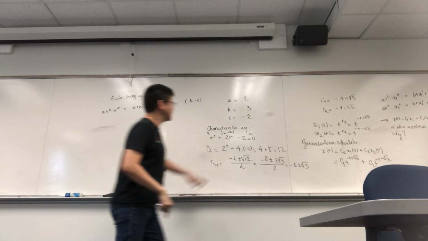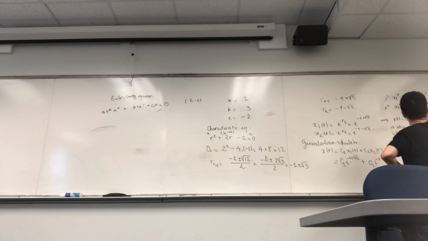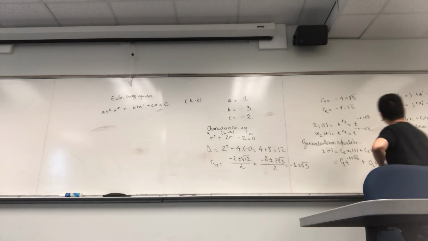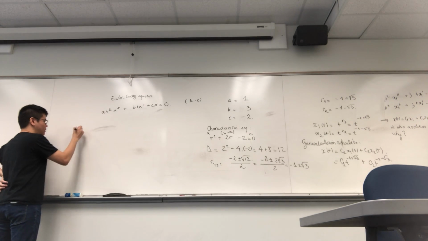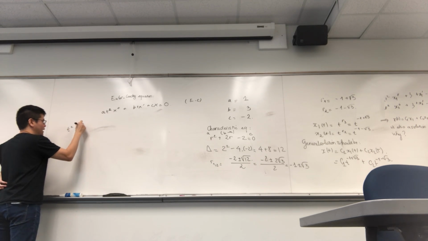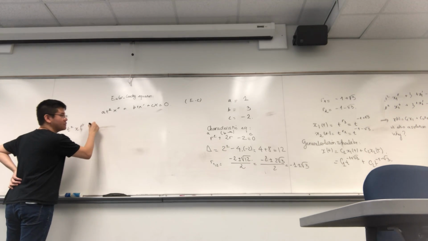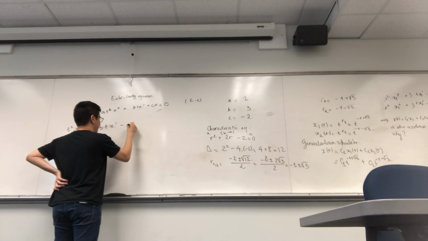Right, so in this case, let me focus on the case that we have in hand. So you have 1, 3, then here you have -2. Now I'm going to plug this form into the equation. You have 1 times t squared x double prime plus 3t x prime minus 2x.